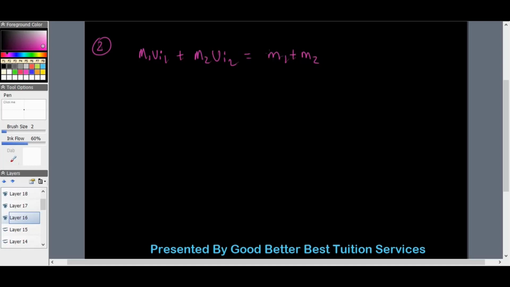They have collided and they've stayed attached. Therefore, we take Vf as the common factor out. I'll end up with that. This is if the objects have collided and they have stayed attached and they have not broken away from each other.